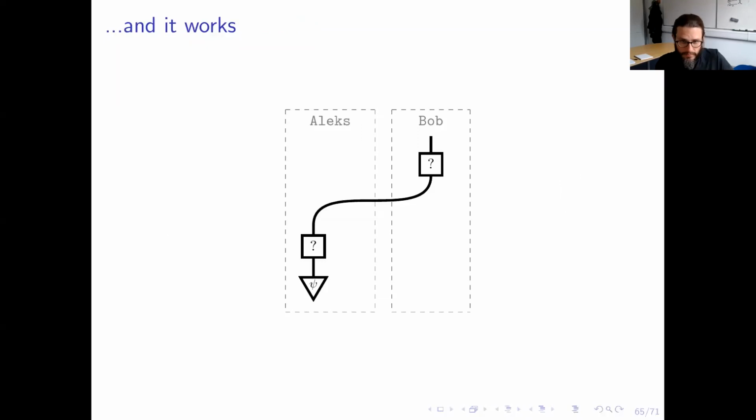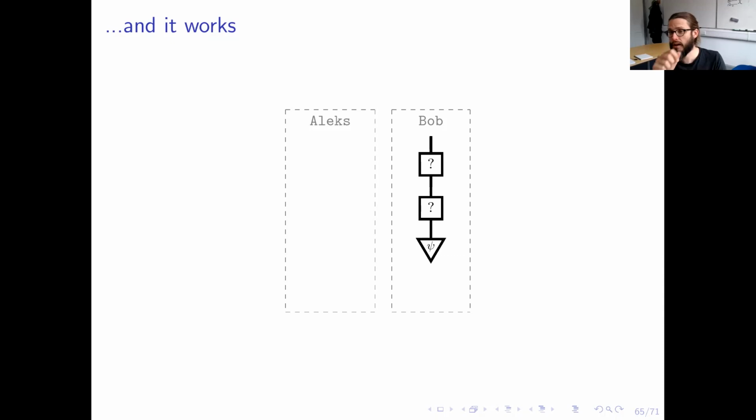Okay, and what happens is that our two quantum knot gates now, if I rotate by 180 degrees and I rotate by 180 degrees again, I've done nothing. So these things cancel out, and Bob gets my particle, no matter what my outcome was. And that's how quantum teleportation works.